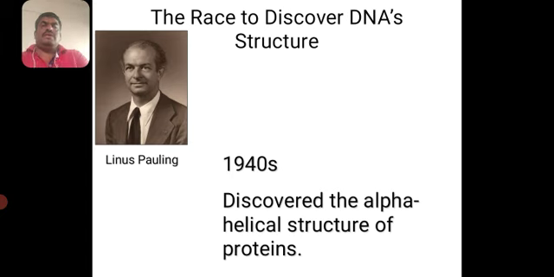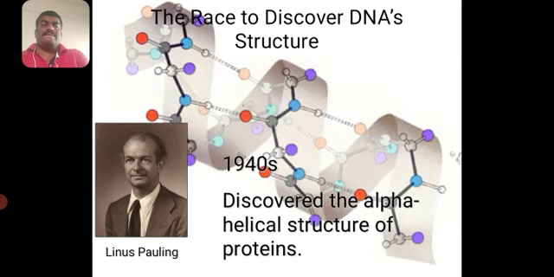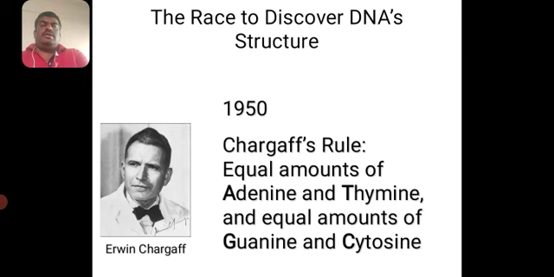The scientist Linus Pauling in 1940 discovered the alpha helical structure of a protein. In 1950, Erwin Chargaff said that in DNA there is an equal amount of adenine and thymine, and an equal amount of guanine and cytosine.